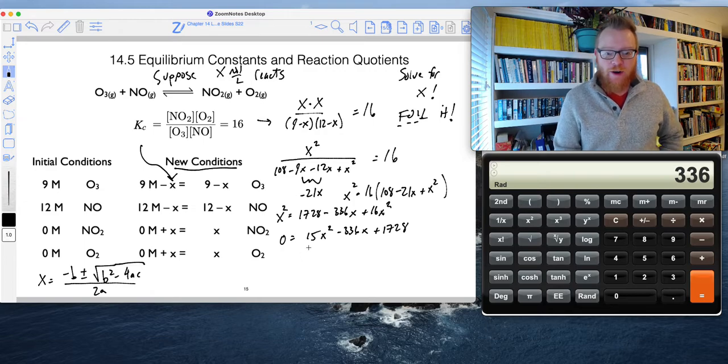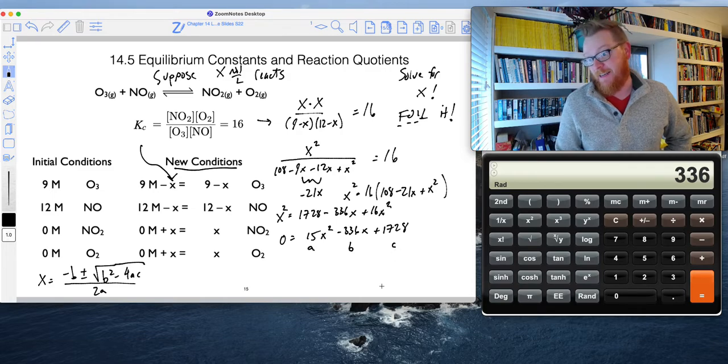Okay, so in the quadratic equation, when we did this formula, we know that this number 15, that's A, this 336, that's B, and this 1728, that's C. So now we can plug all this into the quadratic.